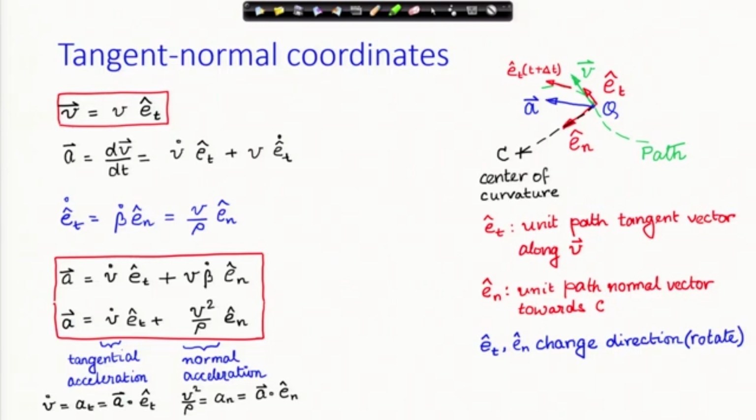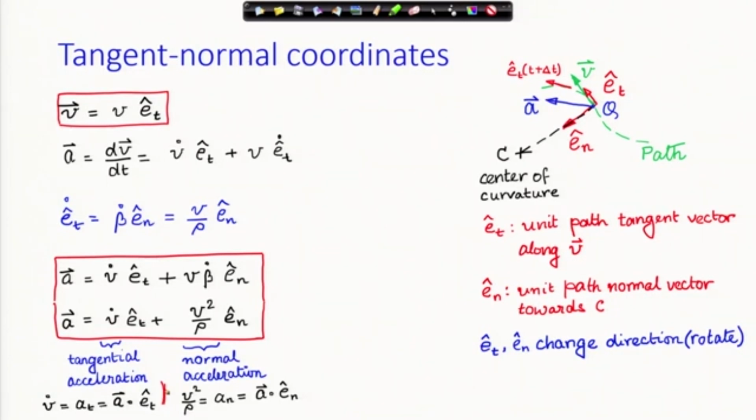Okay, these accelerations have some names. The first term of this acceleration is the tangential acceleration. And how do you find out tangential acceleration? You dot product the acceleration vector with, as shown here, the unit tangential vector E t cap.